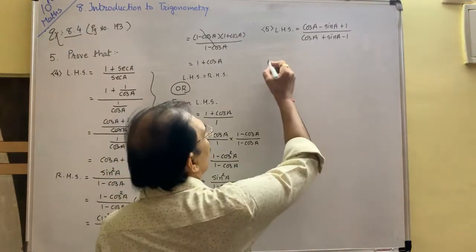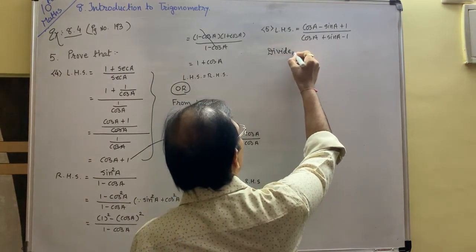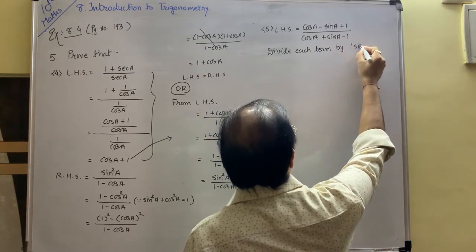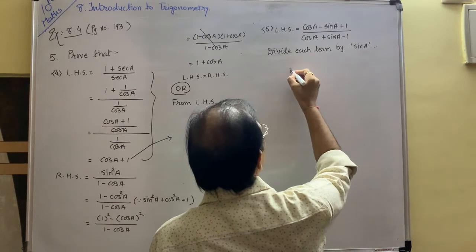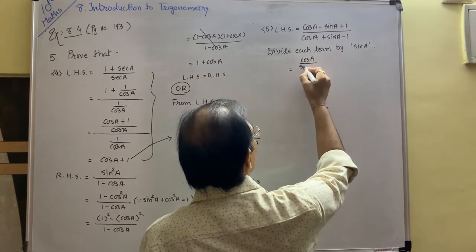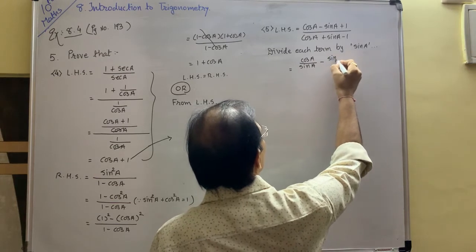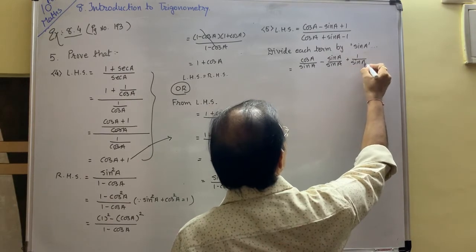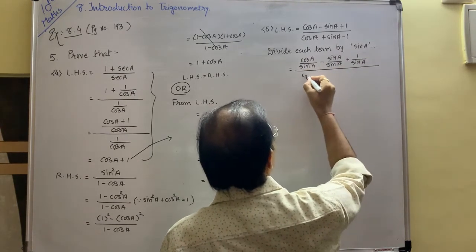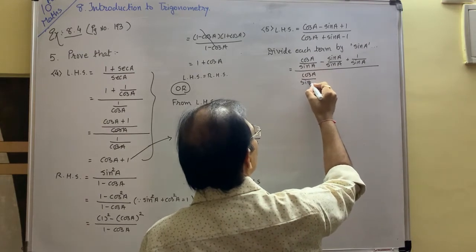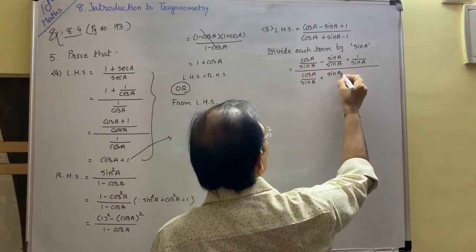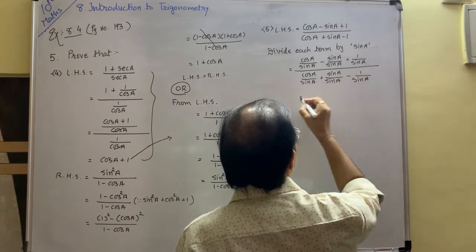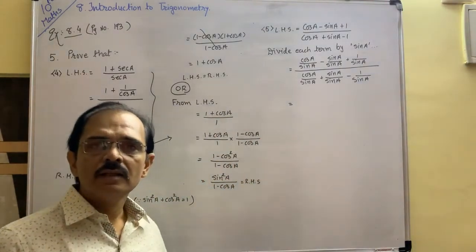So divide each term by sin A. So cos A upon sin A, sin A upon sin A, 1 upon sin A. Cos A upon sin A, sin A upon sin A, 1 upon sin A. Okay, in this way divide each term by sin A.